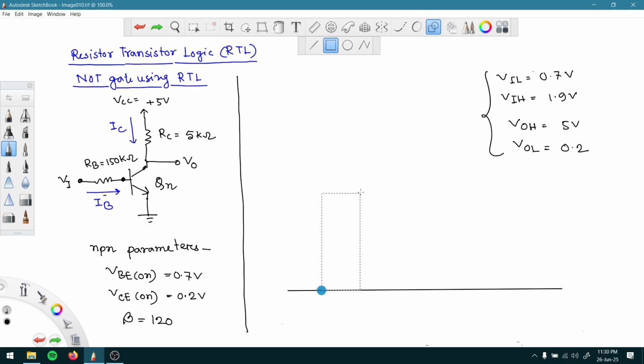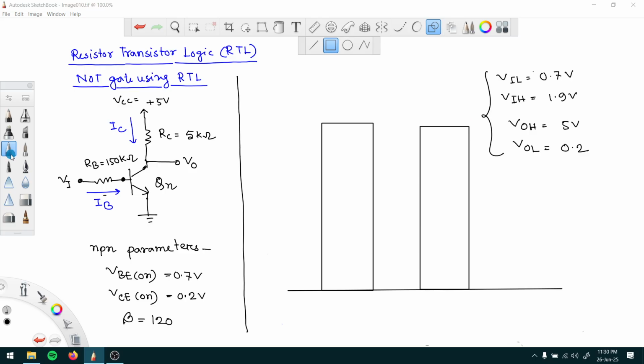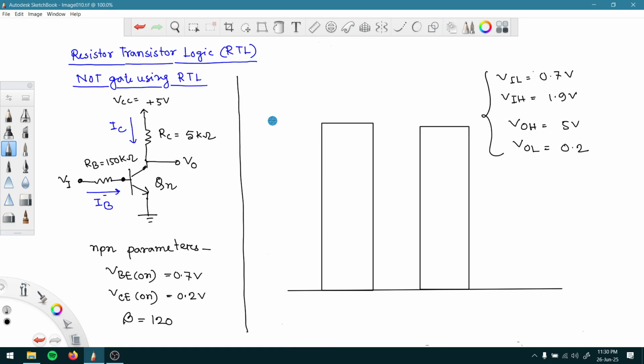So this is for output, let's say, and this is for input. This value here is 5 volt, and this value here is 0 volt, right? And this is for the output of the logic gate, and this is for the input of the logic gate.